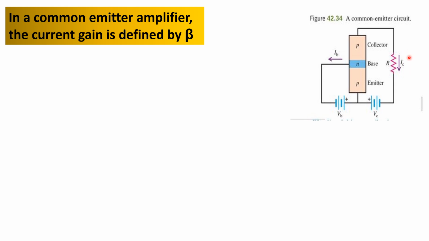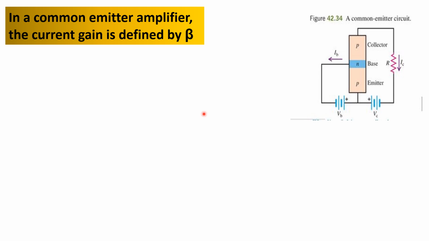IC represents the collector current. This branch of the circuit is what we call the input voltage, and that is the output voltage. Notice that there is an output resistor connected to the collector emitter junction.